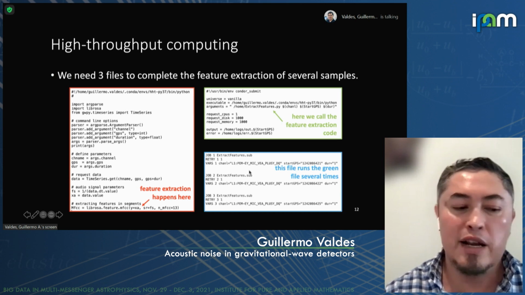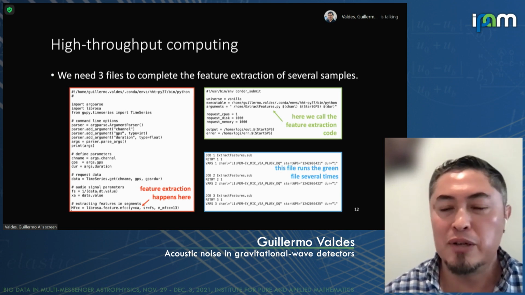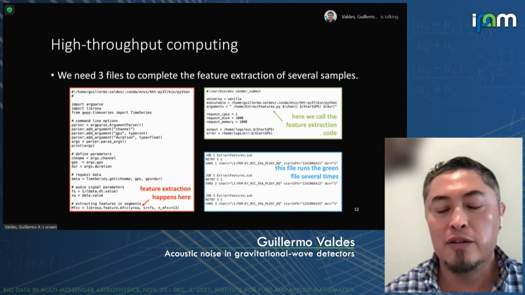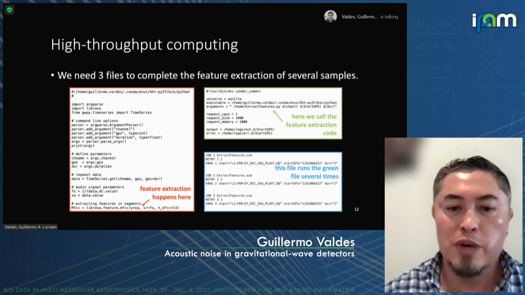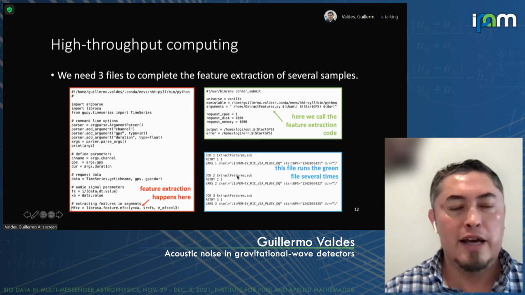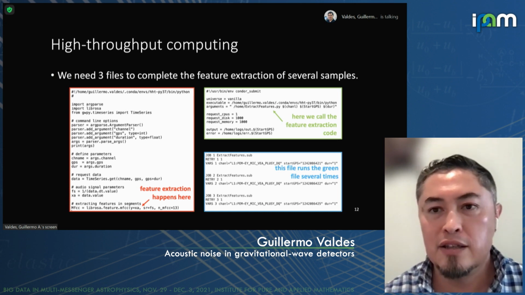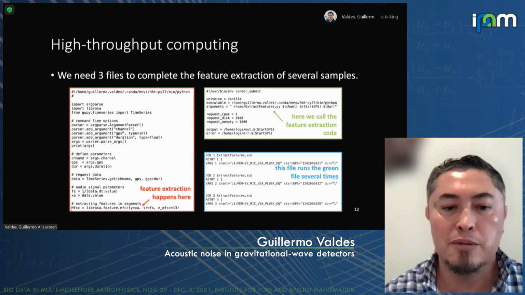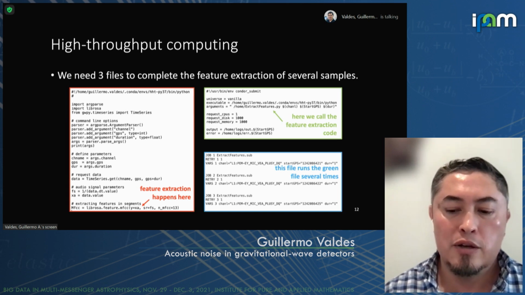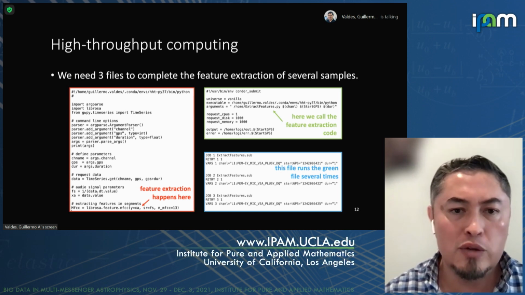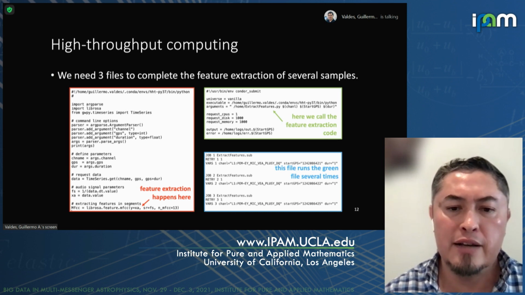And this is where the magic happens, right? Instead of doing for loops and waiting for a long time, you just make your submission file and your DAG file, and you can ask the computer to do thousands of these jobs, and they finish really quick. So this is what we use for our analysis.